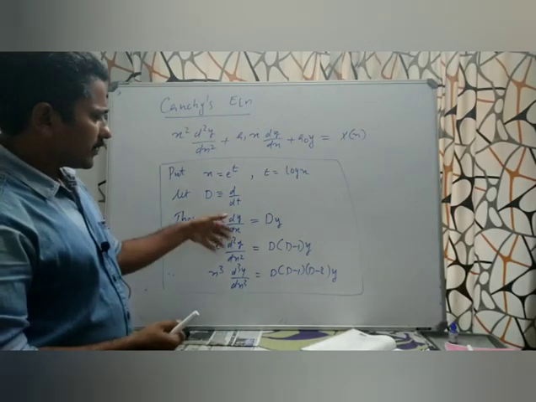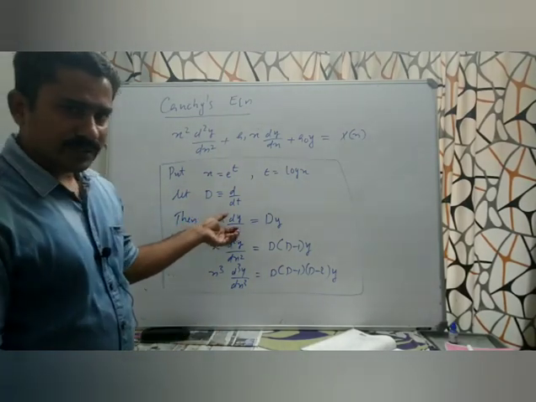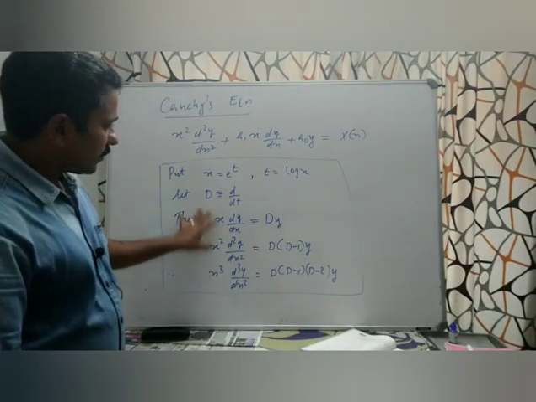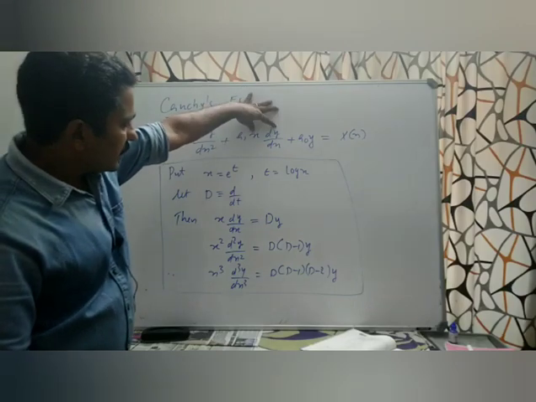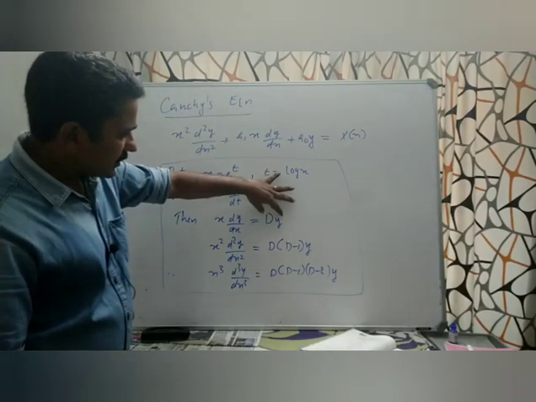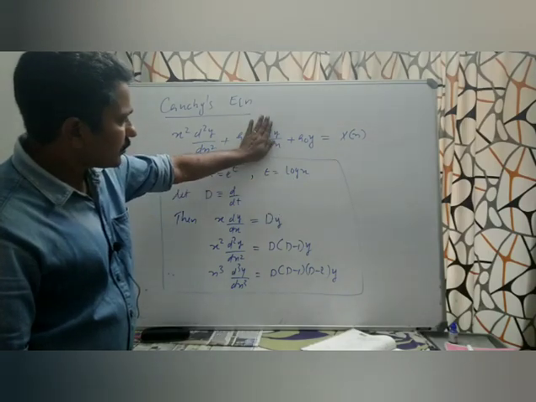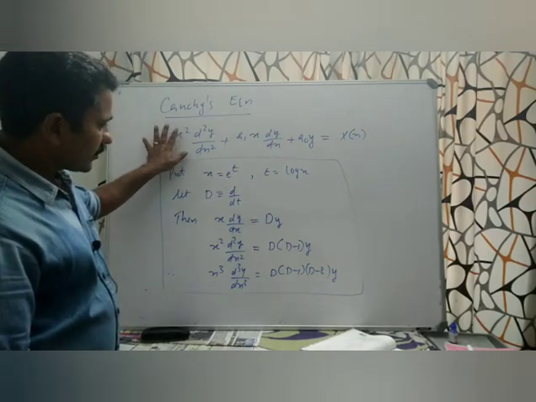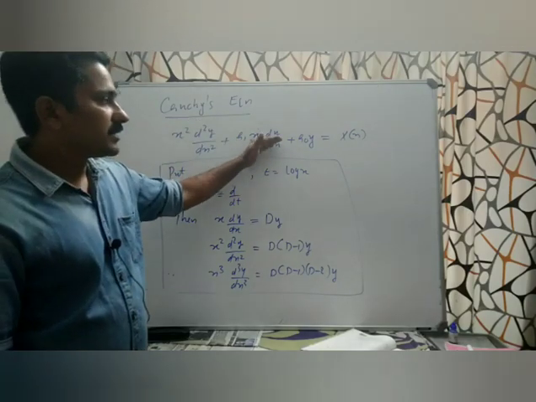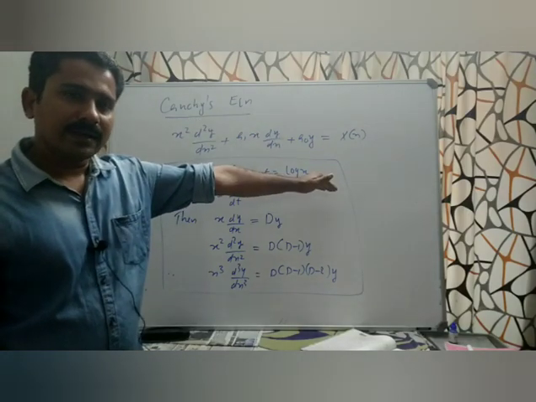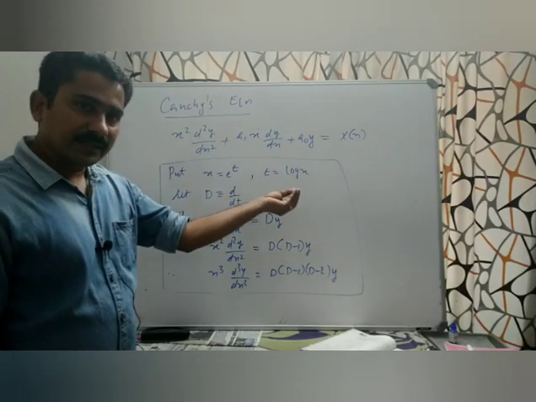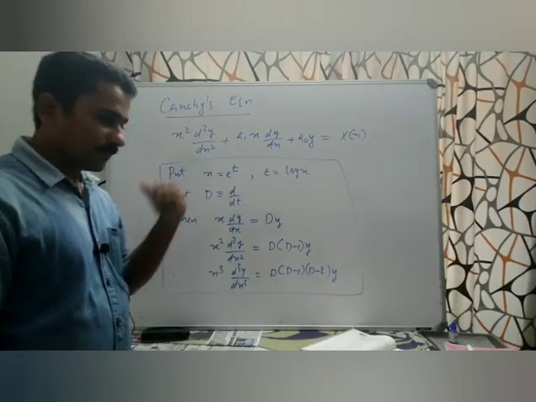The derivation part I'm not going to discuss here. So you substitute all these values here. For example, x dy by dx is going to be changed as Dy, and x square d square y by dx square is going to be D times D minus 1 of y. When you simplify, this becomes a linear ordinary differential equation with constant coefficients, like the one we have seen before.